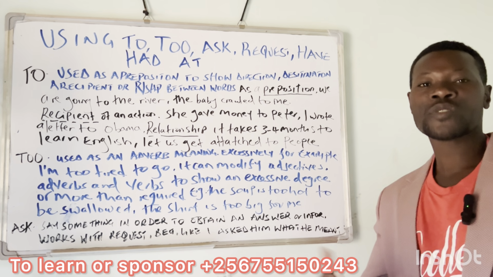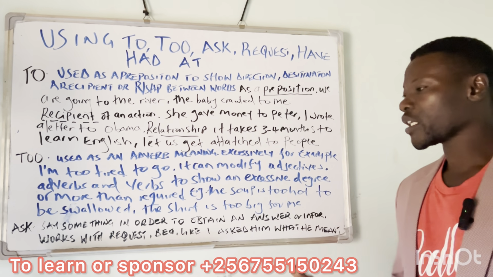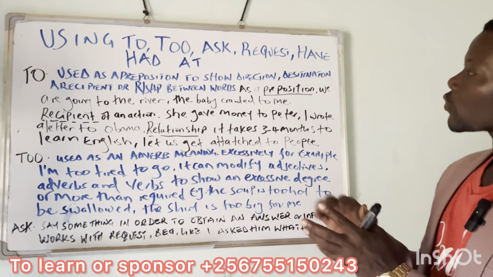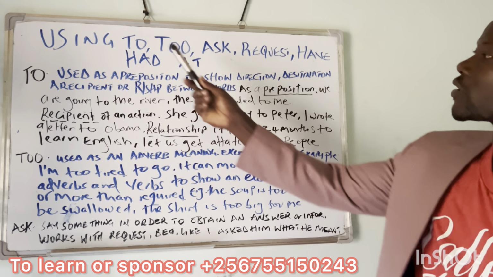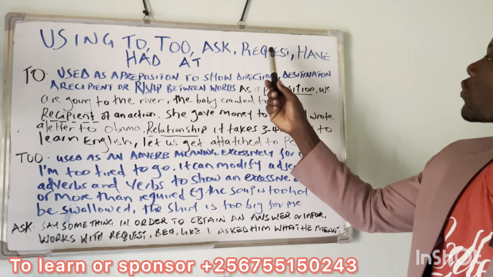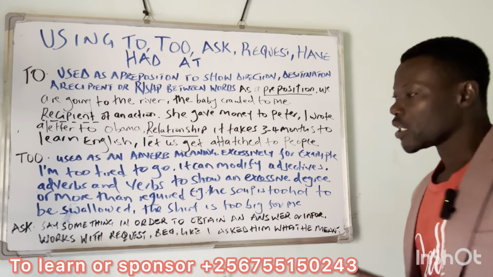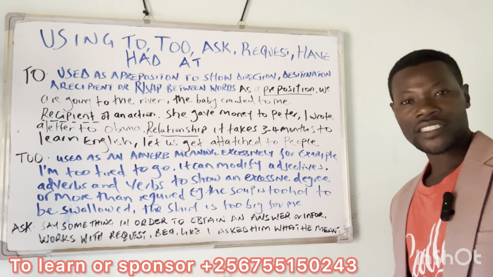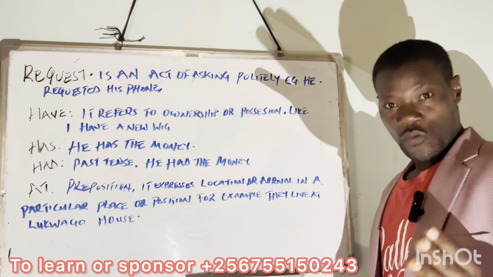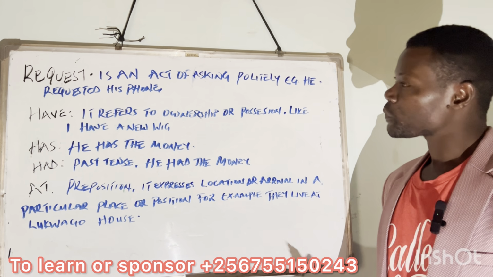I asked him to forgive me. Namusabye ansonyiwe. So tukyeyongerayo, tugenda kwongerayo, tumaze eno n'eno ne ask, tugenda kukola eno n'eno. Ndowooza olaba. That's how we move with English and Luganda. Okay, we're continuing. Tugenda mu maaso.